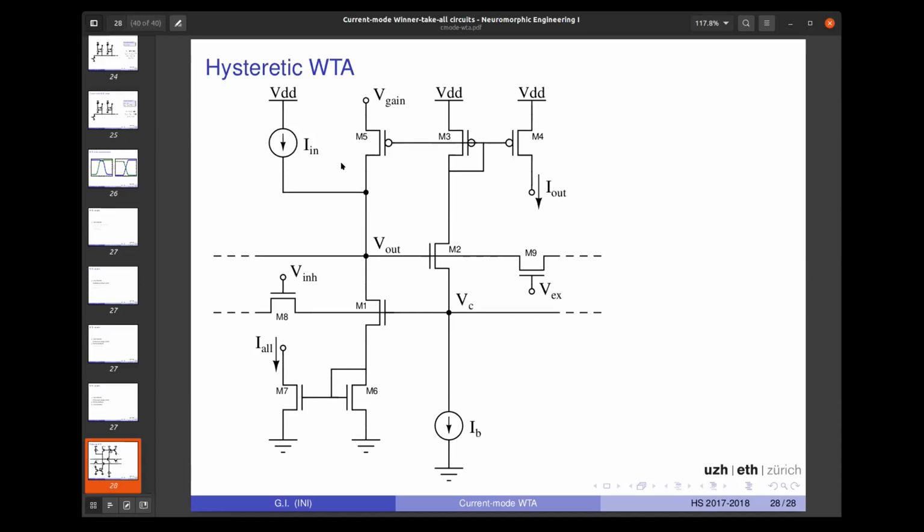Are there any questions on this last very quick run through the hysteretic winner take all? I have a question. Mm-hmm. I guess you didn't touch on it, or maybe you did when you talked about the early effect, but in this last one, what determines the threshold or the hysteresis window that each current has to overcome to be the winner take all?